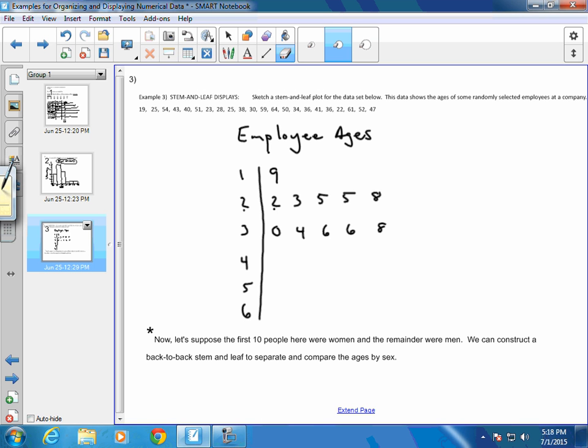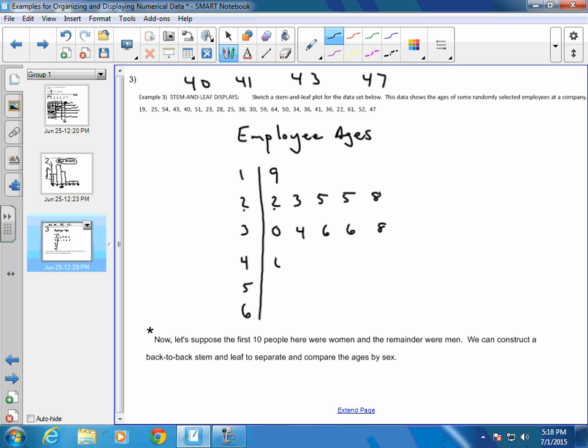Alright, 40s. Looks like we have a 43, a 40, 41, and a 47. So we got our 0, 1, 3, 7.